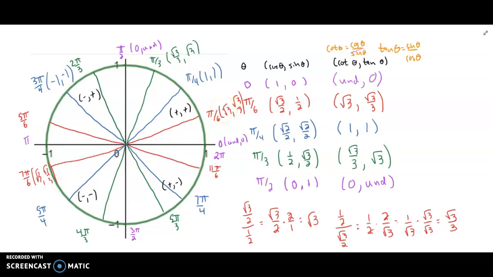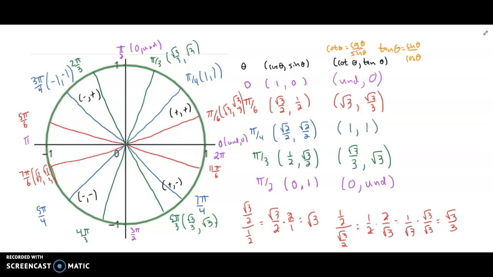Both of them become positive because I'm comparing sine and cosine. Versus quadrant 4, where we're going to be negative, because one of those is negative and the other one is positive. So at pi over 3, my cotangent would be root 3 over 3, and my tangent would be root 3. Now there's a quick, easy way to remember.